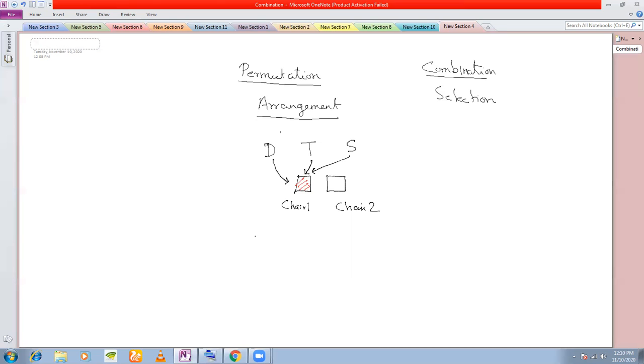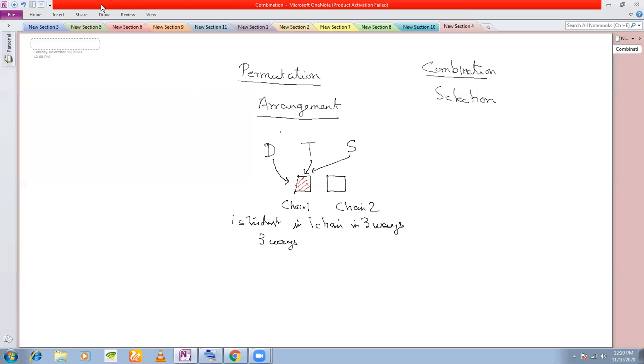Three ways. I can either make D sit, or T sit, or S sit. So I can make one student sit in one chair in three ways.